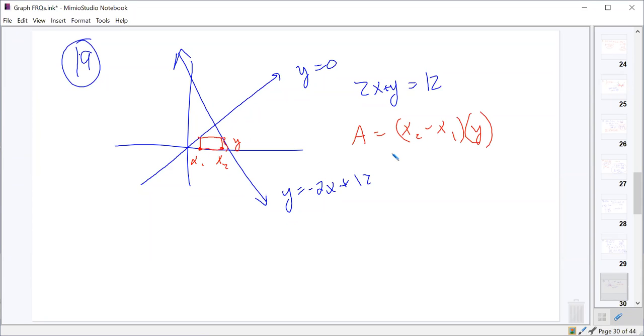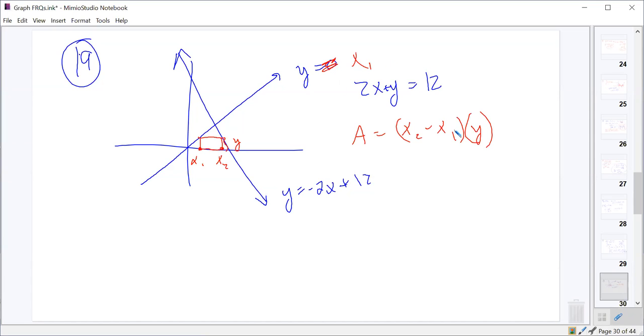So we're going to want to do this all in terms of y, because I can rewrite x2 and x1, they're just x values, in terms of the y functions that we get, like y equals x and y equals -2x plus 12. So for this one, this is x1, right?